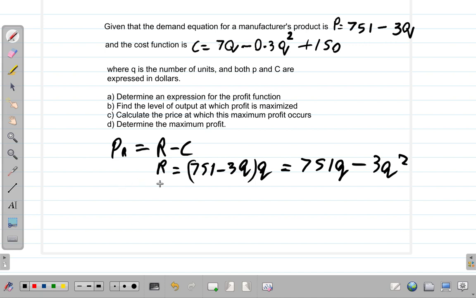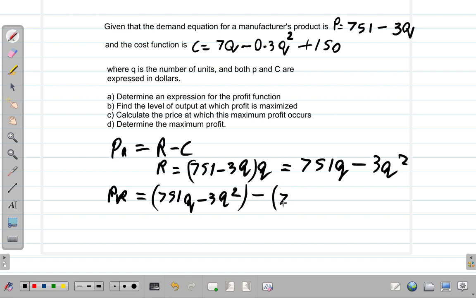Now, we know that the profit, PR, would be the revenue, which is 751Q minus 3Q squared, minus the cost.